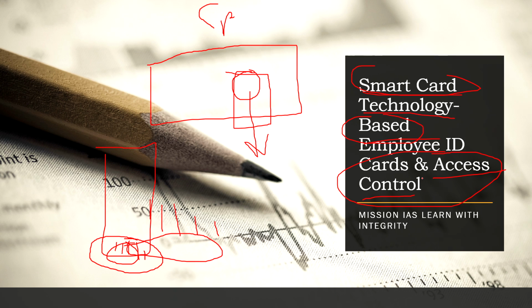So these things are important when we discuss a smart card based ID, or we can say a technology based ID card which will be issued by the government, or even by private institutes and private technologies, who will be implementing this card soon if the project becomes successful.